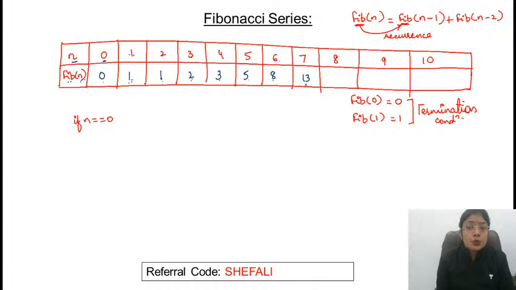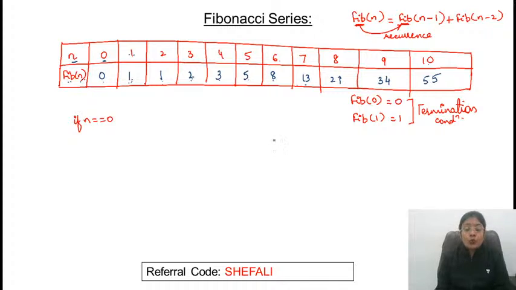Fibonacci of 8 is 13 plus 8, which comes out to be 21. Fibonacci of 9 is 21 plus 13, that comes out to be 34. Fibonacci of 10 will be Fibonacci of 9 plus Fibonacci of 8, so this comes out to be 34 plus 21, that is 55.